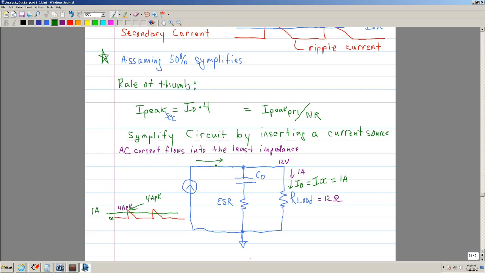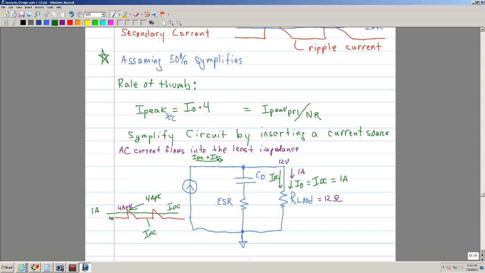So this is that. Now remember, during this node you have both the IDC, which is this, and you have your IAC, which is the ripple. The DC actually flows in this direction.